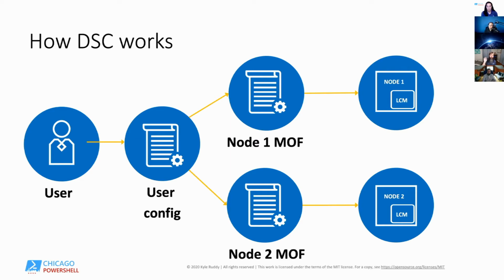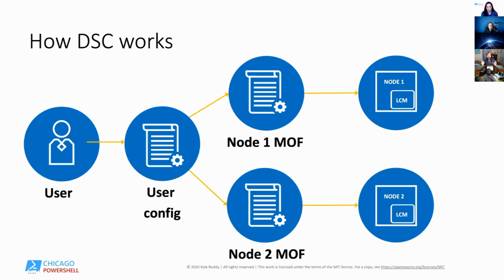From that point, we take our user configuration and compile it, which turns this configuration into MOF files, Managed Object Format files. Each node that's being managed by DSC is going to get its own MOF file. That's what's happening in the screenshot here. So node 1 has its own MOF, node 2 has its own MOF.